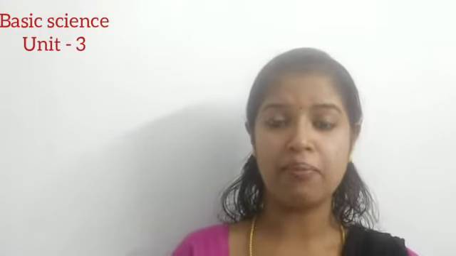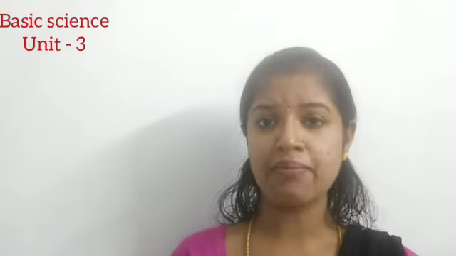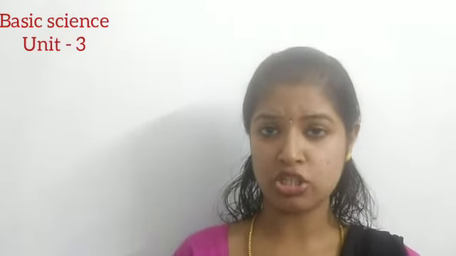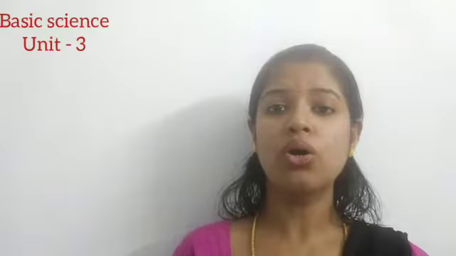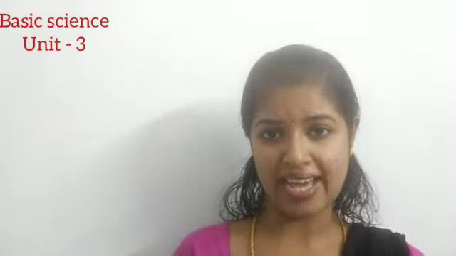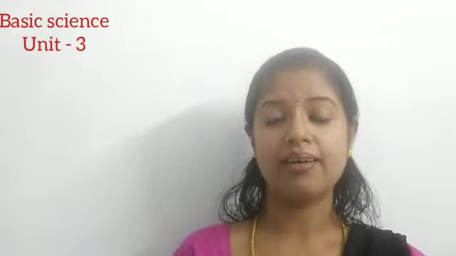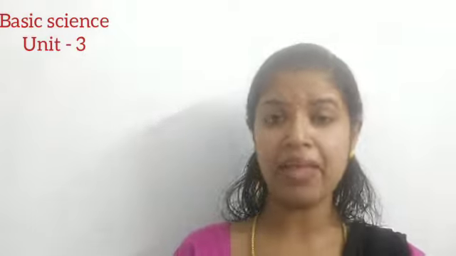Yes. Now, I told you about androecium and gynoecium. Androecium is the male part of the plant and gynoecium is the female part of the plant. Right? Yes. So, in some plants, both androecium and gynoecium will be seen.